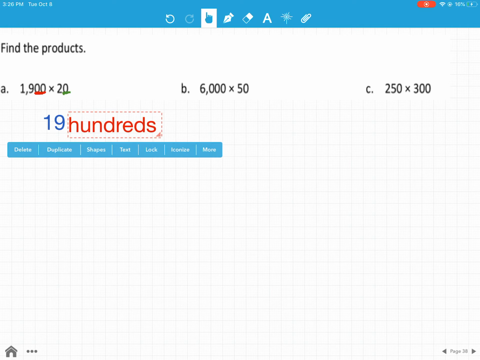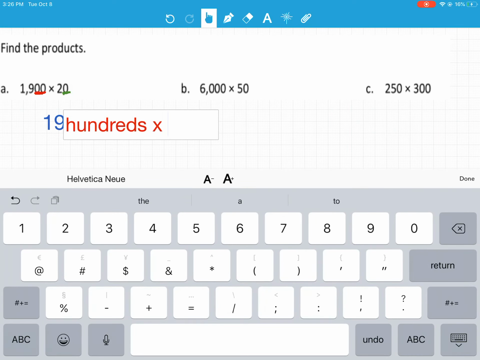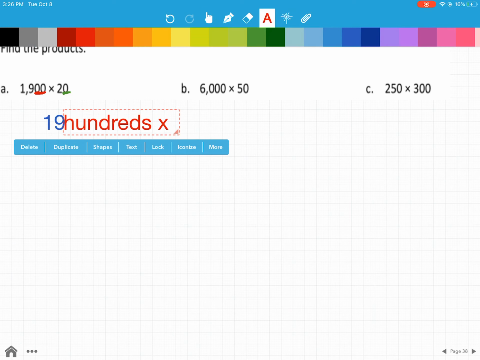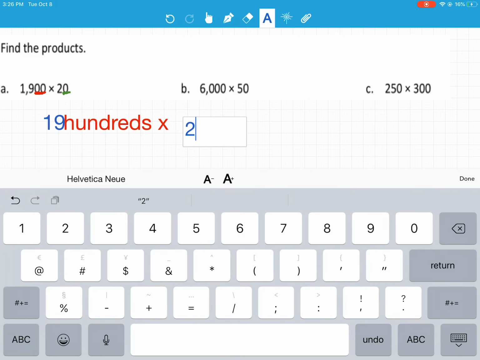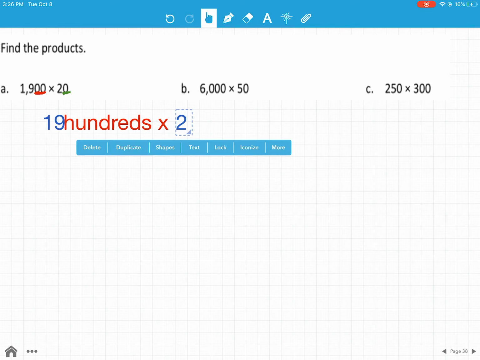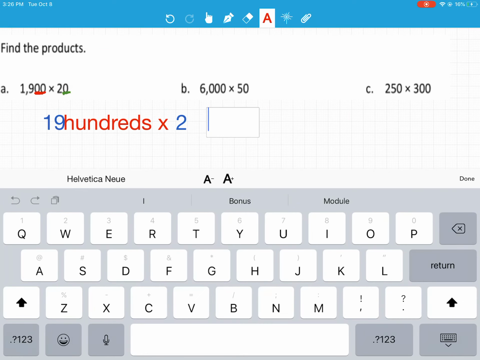So we have 19 hundredths, and we're going to multiply that times 2 tens.